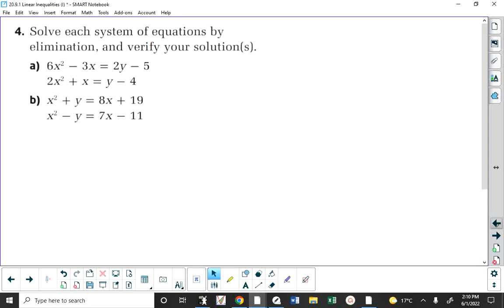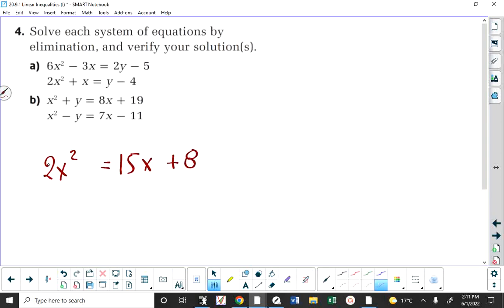As well, one of the equations has negative y and one has positive y. So I don't even need to do any prep work to eliminate a variable. I just add the equations and get 2x squared equals 15x plus 8. Do you see how I got to that point?